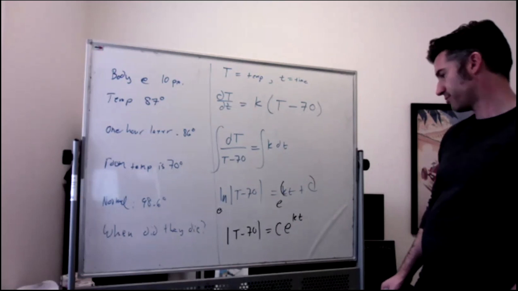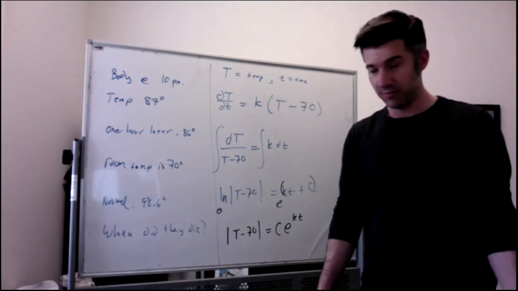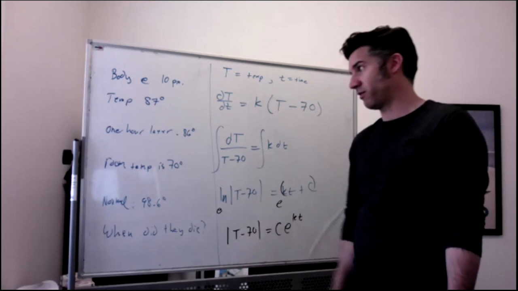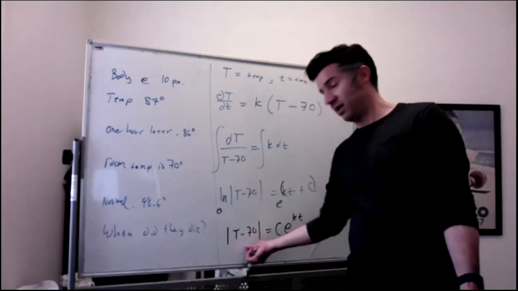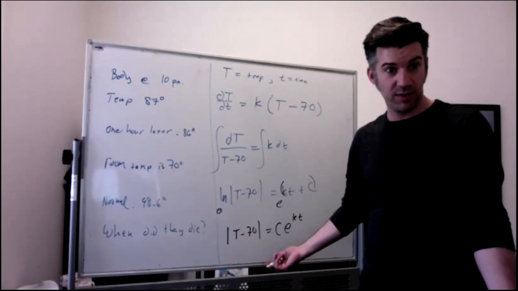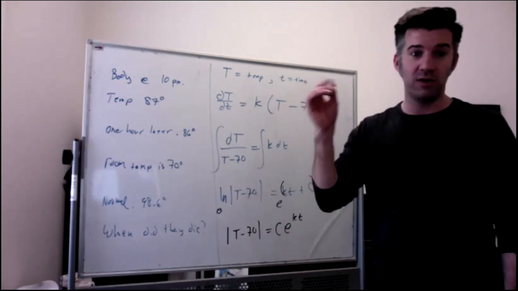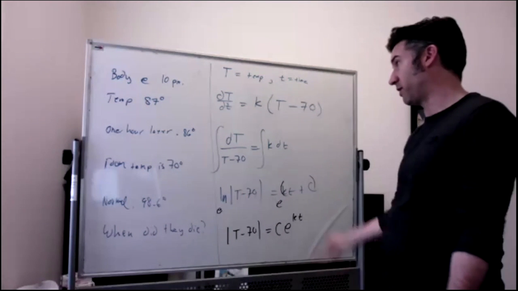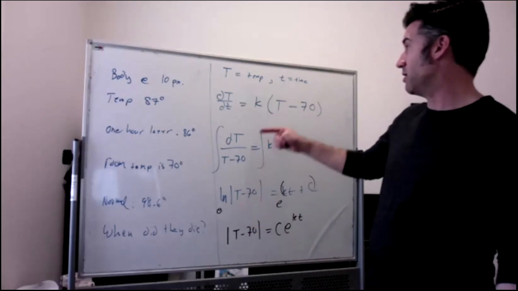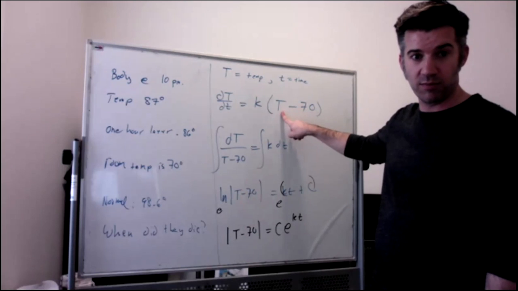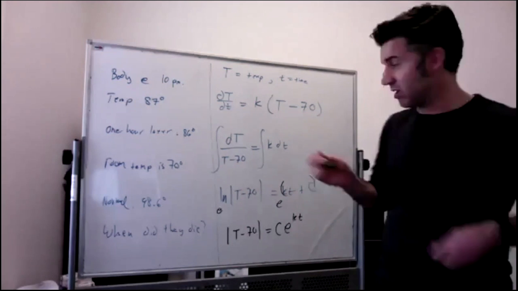And so then you have to ask yourself, and this actually is kind of interesting, is the stuff inside here positive or negative? Well, since the body started off warmer than the room, the stuff inside here is positive, right? The body's never going to get to be colder than the room. However, if the problem was you put a cold beverage in a 70-degree room, and let's say it was the same situation, except now the temperature is representing the temperature of a cold beverage that you put in a 70-degree room, here's what would happen next.